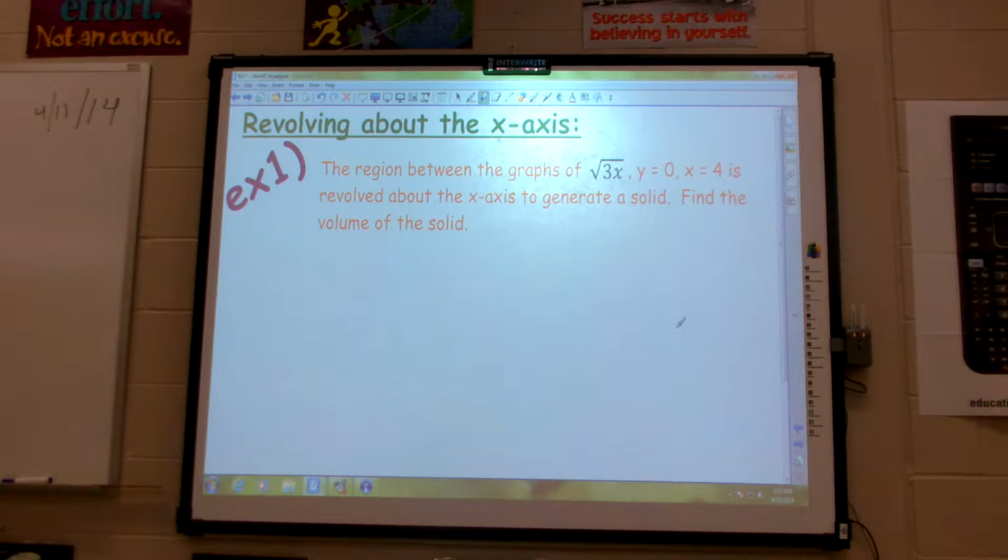We have the region between the graphs square root of 3x, y equals 0, and x equals 4, revolved about the x-axis to generate a solid. We're going to find the volume.